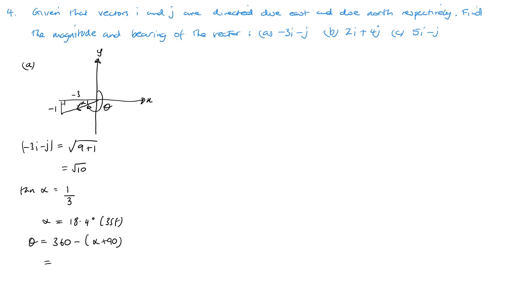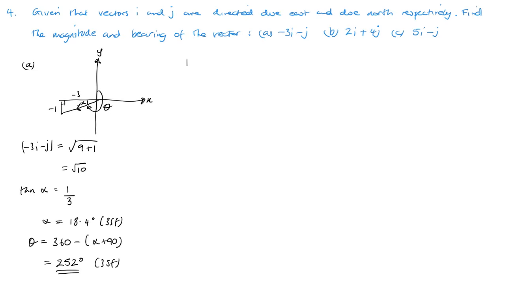So add 90 degrees to the alpha, we get 108, and 360 minus that gives me 252 degrees to 3 significant figures. And check that the answer makes sense. It's greater than 180 and less than 270, so that is what I was expecting.